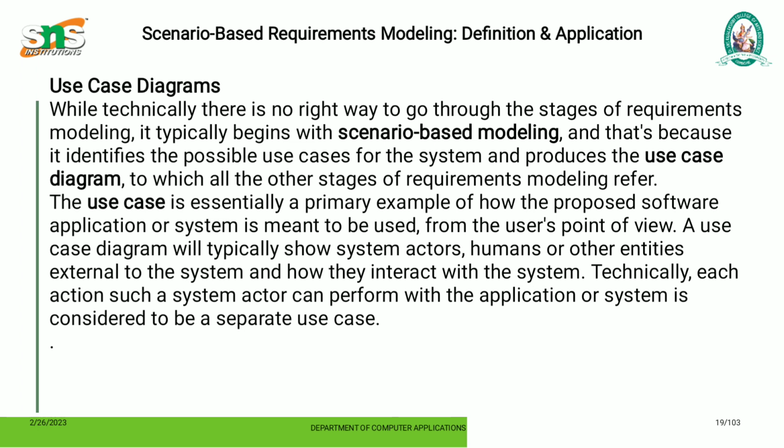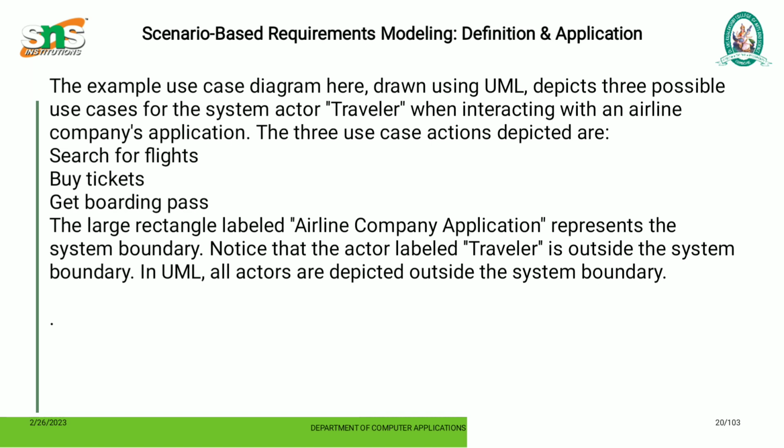Technically speaking, these are the stages of requirements modeling. It typically begins with scenario-based modeling, because it identifies possible use cases of the system and produces the use case diagram. A common example in UML depicts three possible use cases for the system actor, a traveler, when interacting with an airplane company.